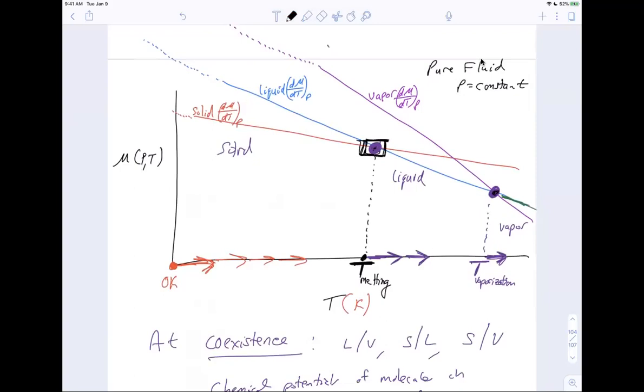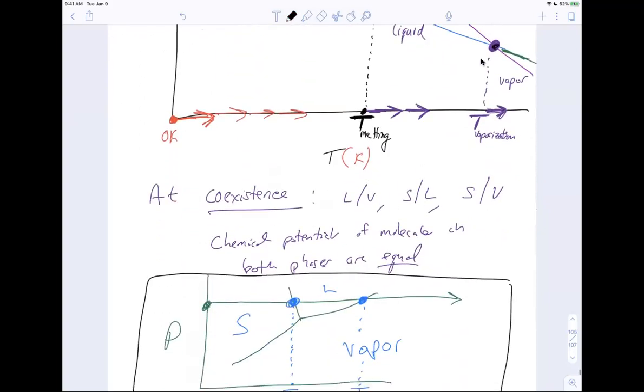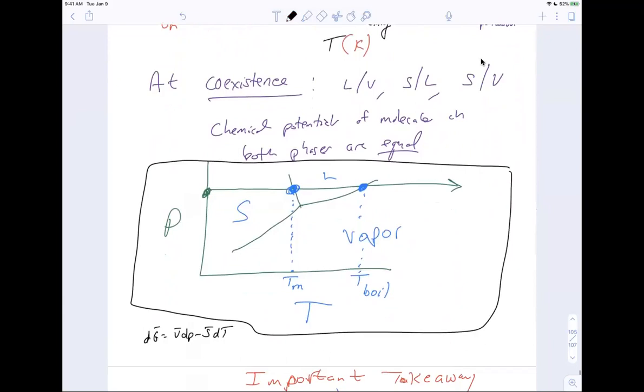Okay, looking at the triple point requires a little bit more of a complicated graph, so we'll use this approach. And it's not too difficult then to imagine that at the triple point, which is something that we really see, it's an actual thing, you'll have all three curves crossing at the same point, and that point would be the triple point for any pure fluid. Okay, so that allows us to say, all right, well, that's great.